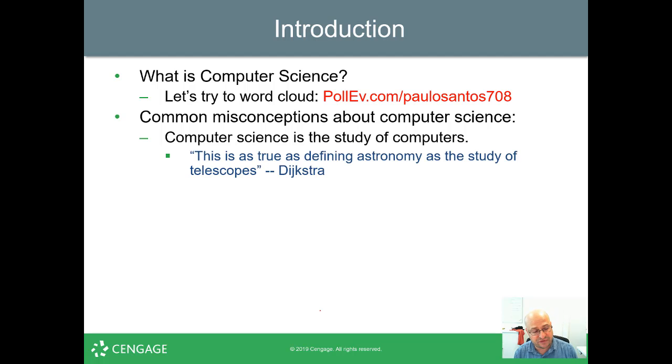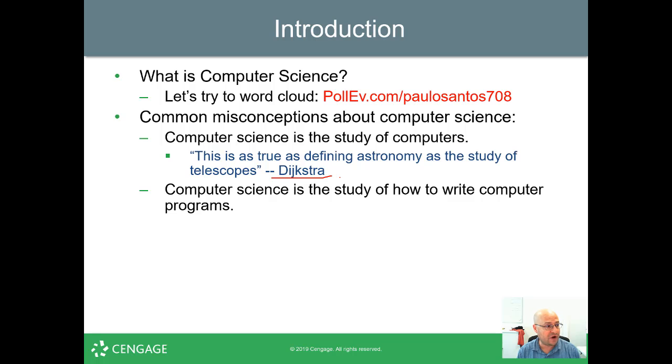This is as true as defining astronomy as the study of telescopes. That was a famous quote from a great computer scientist, Dijkstra. We're going to learn Dijkstra's shortest path algorithm, I think, in the lecture about AI, and certainly on computer networks.